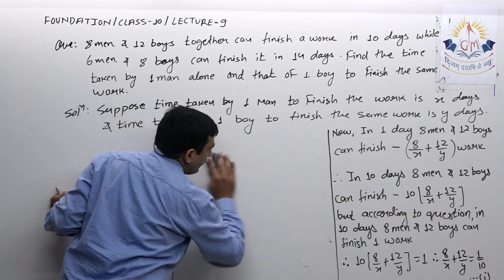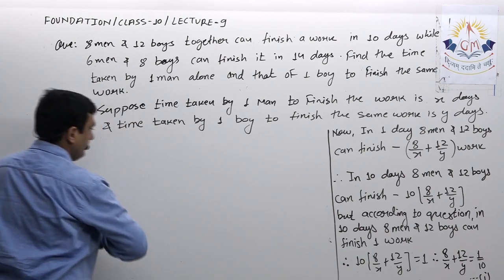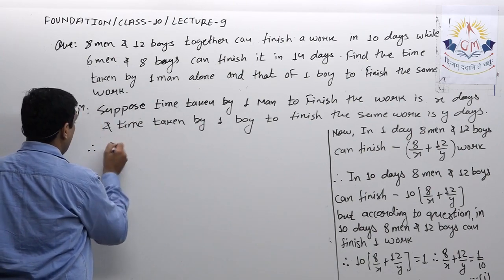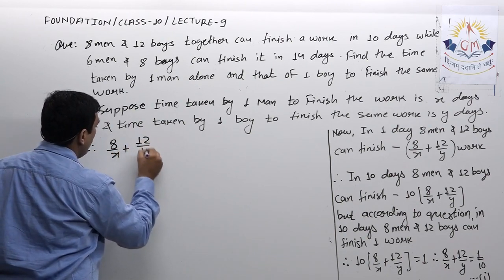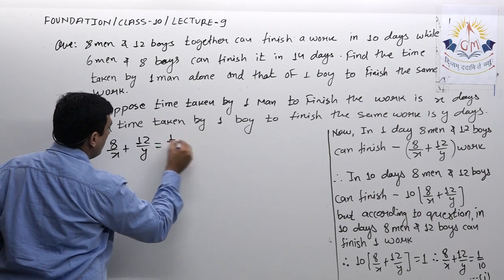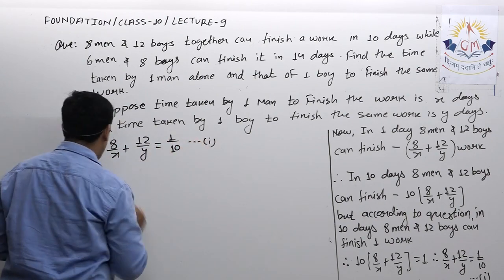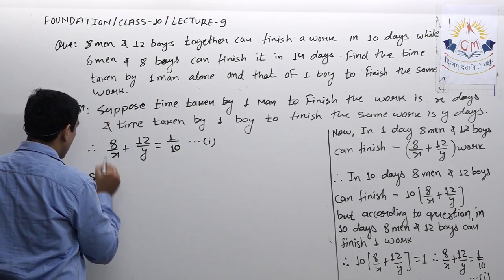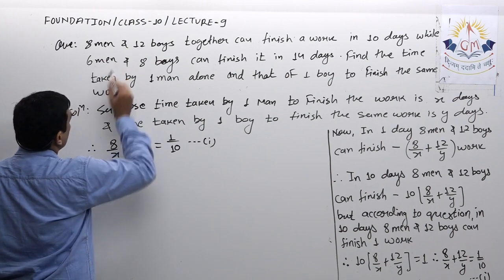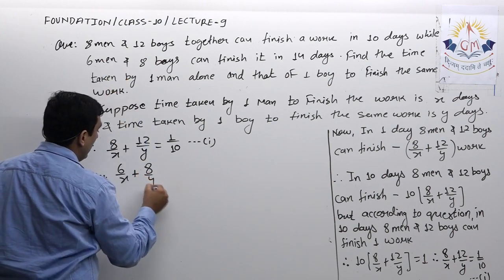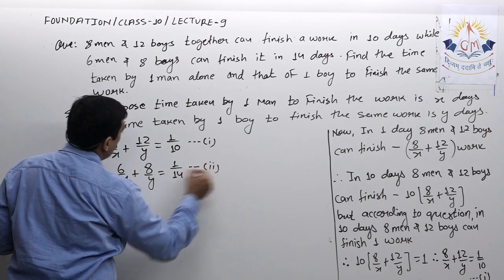Here I am writing equation number 1 once again: 8 upon x plus 12 upon y is equal to 1 upon 10. This is equation number 1. Similarly, 6 upon x plus 8 upon y is equal to 1 upon 14. Let it be equation number 2.